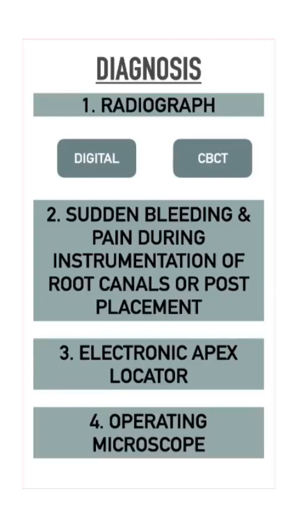We could use the electronic apex locator, and we will notice that the apex locator will reach the apex on the machine while the file is not reaching the full working length. Or we can simply see the perforation when we are using the operating microscope.